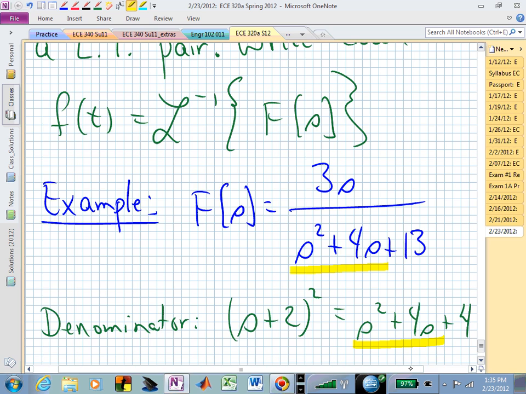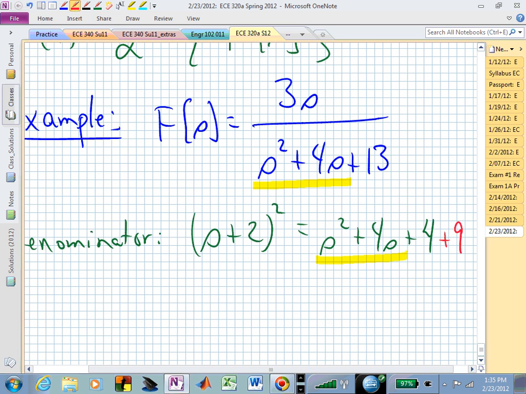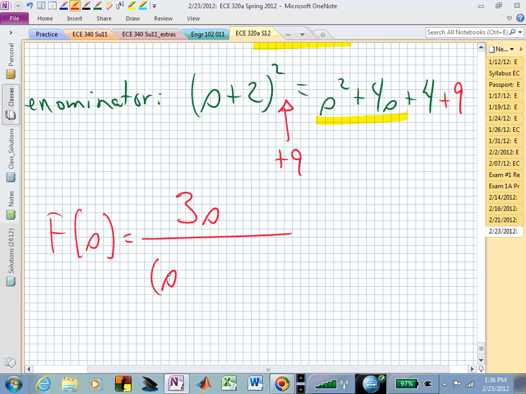That's not too hard to do. If I simply add 9, and 9 is pretty nice, that's just 3 squared. Meaning, I now can rewrite F of s as 3s over s plus 2 squared plus 3 squared.